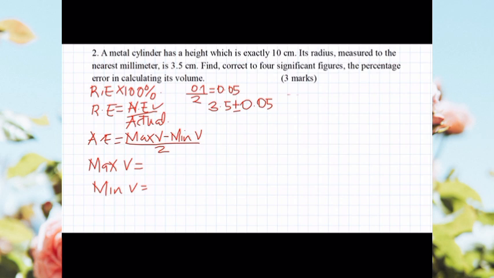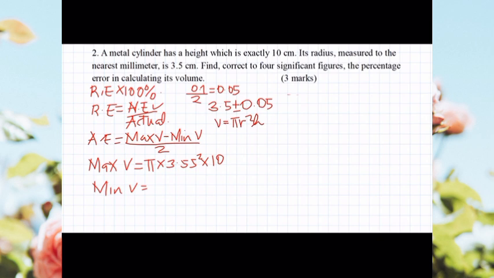So we know that the volume again is given by pi r squared multiplied by the height. So in this case, for us to get the maximum volume, we take pi, and then we multiply by the maximum radius, 3.55 squared, and then we multiply by the height, which is now 10.